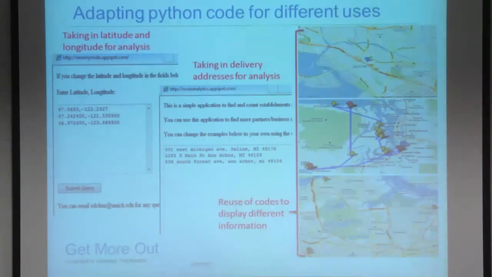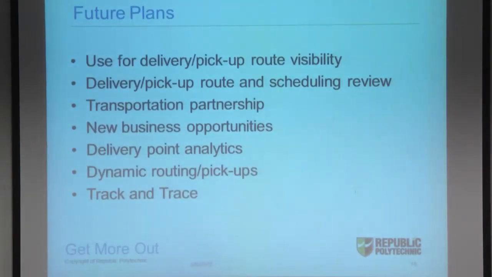So, future plans. One of the interesting things that we are doing is that we can quite easily show the route for companies here. The companies can just give us data on how their drivers have been going to different places for the past month.